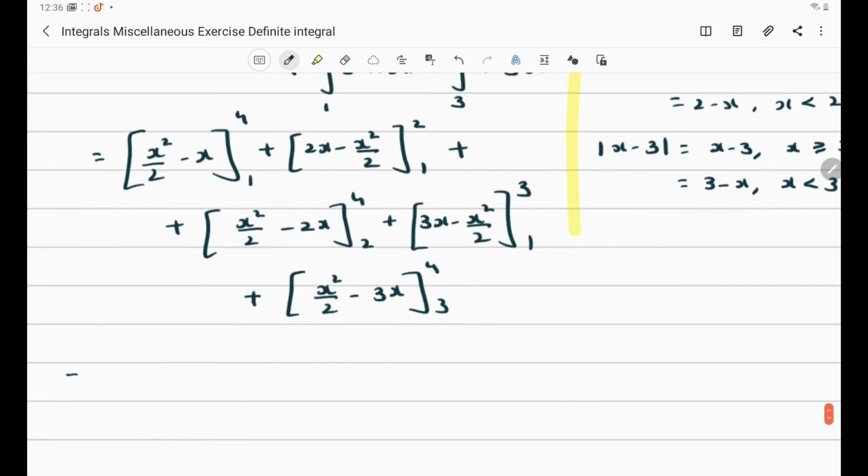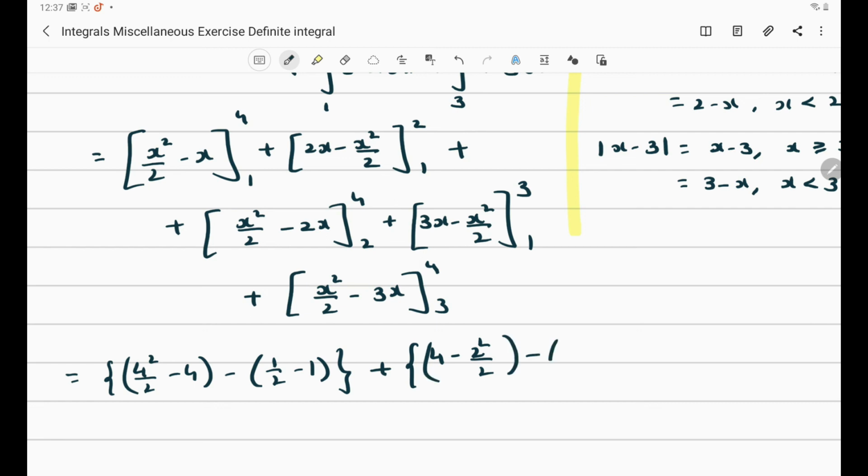Now on substitution we get 4 square by 2 minus 4, minus 1 by 2 minus 1. So this is the simplification of the first integral value. Then plus substituting 2, we get 2 into 2, 4, minus 2 square by 2, minus substituting the lower limit, 2 into 1 is 2 minus 1 by 2.